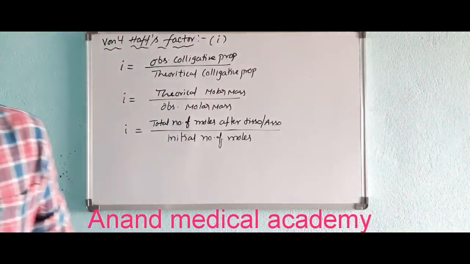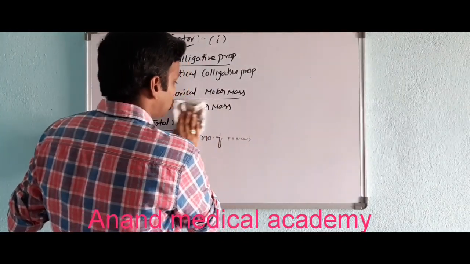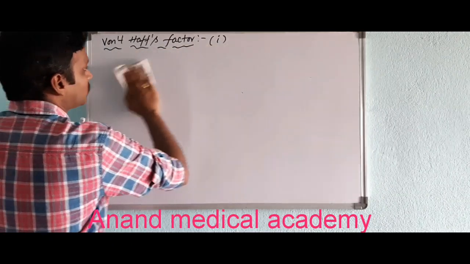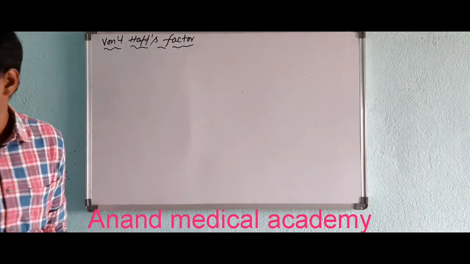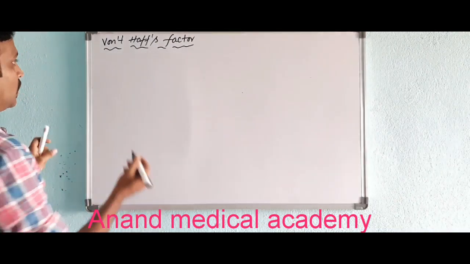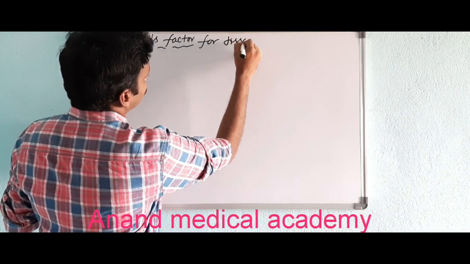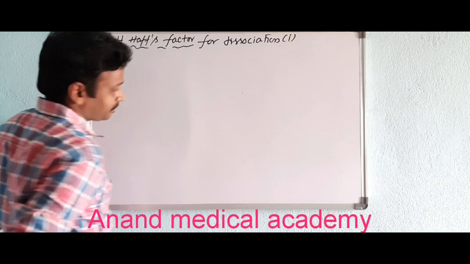This is the van't Hoff factor i. Now let's see what exactly the van't Hoff factor i is for dissociation first, with some degree of dissociation alpha. Same, we use i.